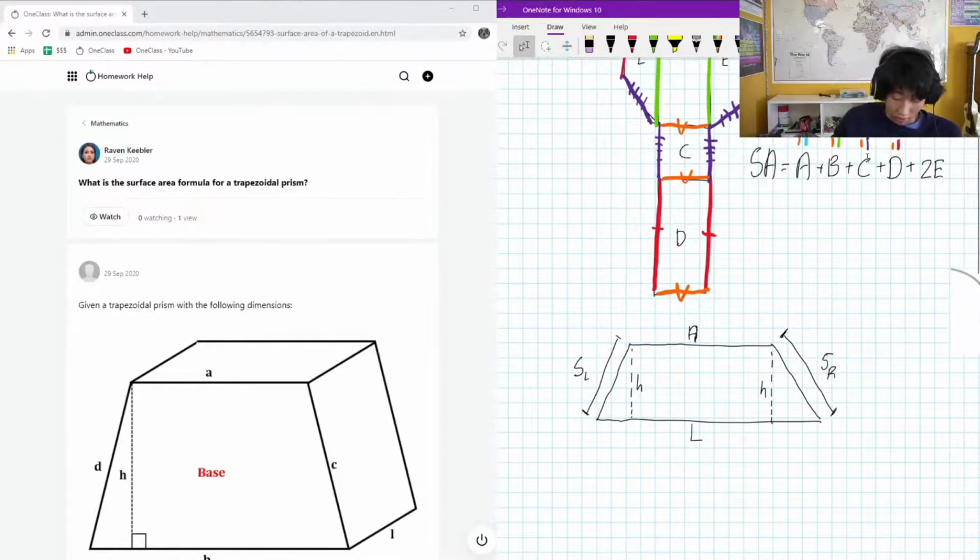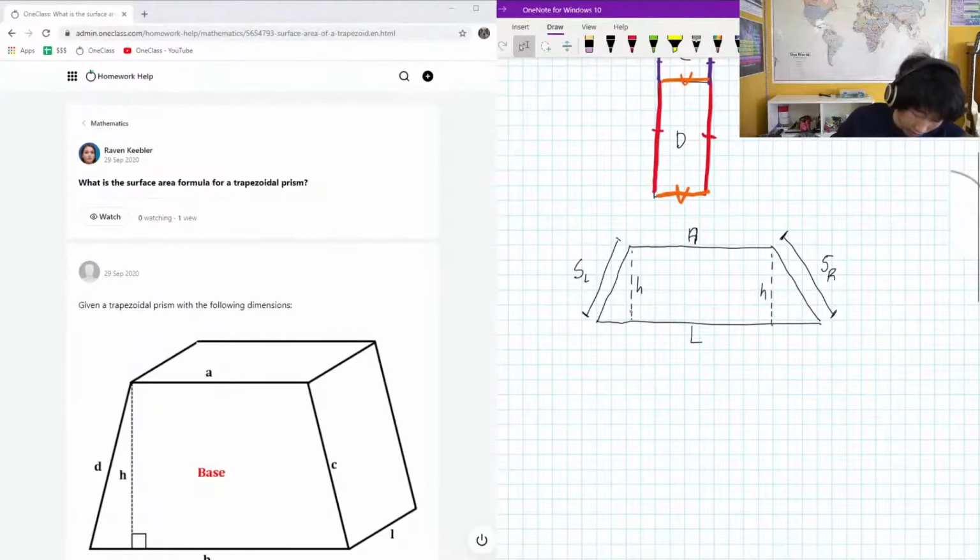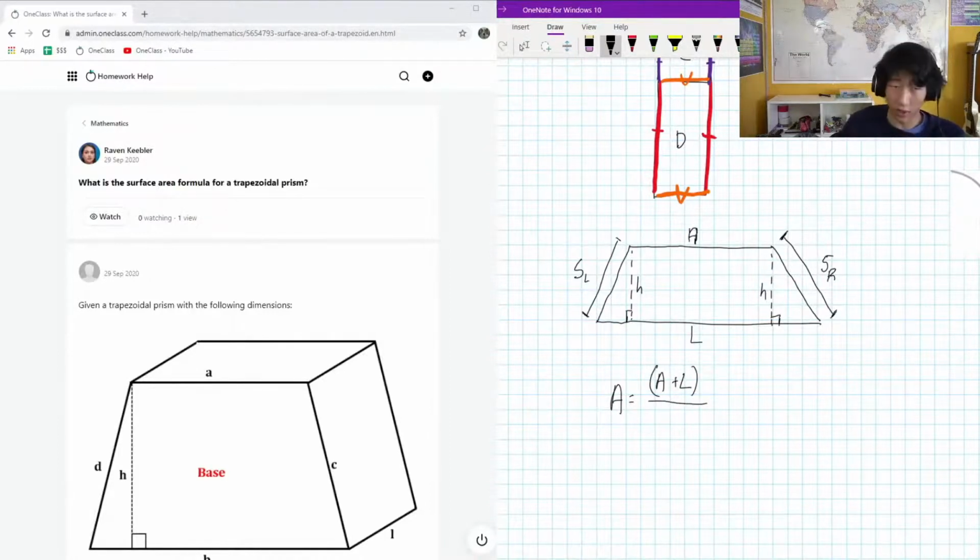Essentially, you're going to need to solve for h somehow, but once you get h, it'll be quite easy to solve for SL and L. Keep in mind that these are right angle triangles, and the area of this is going to be equal to a plus L, so the shorter side on the top plus the longer side on the bottom.